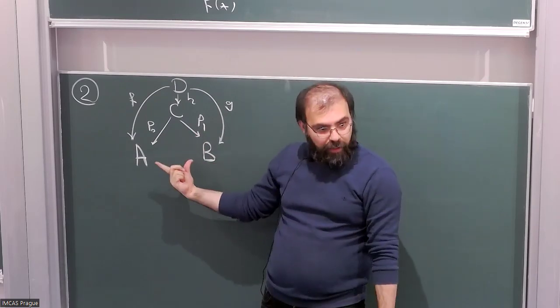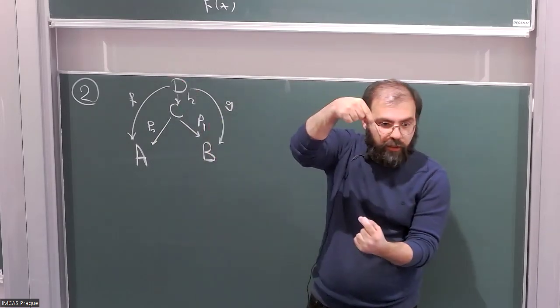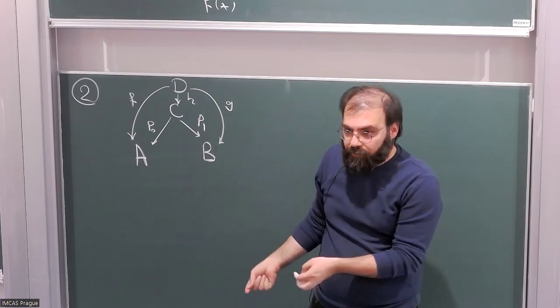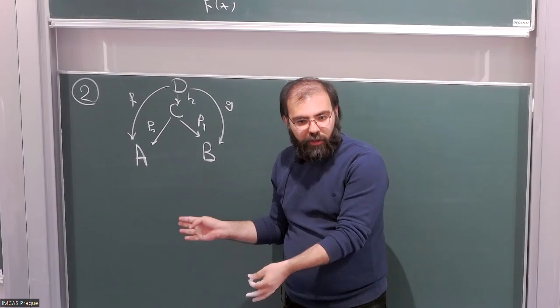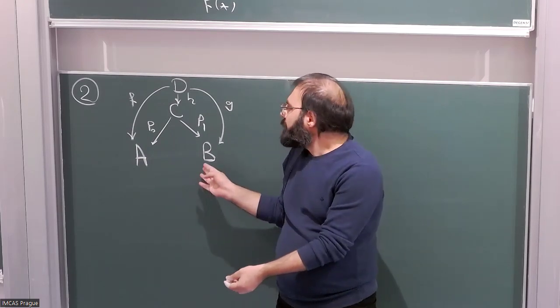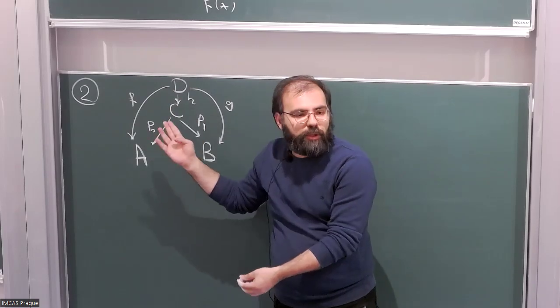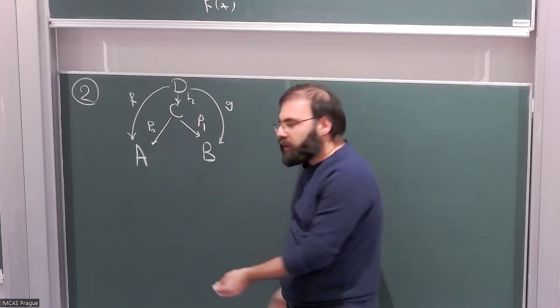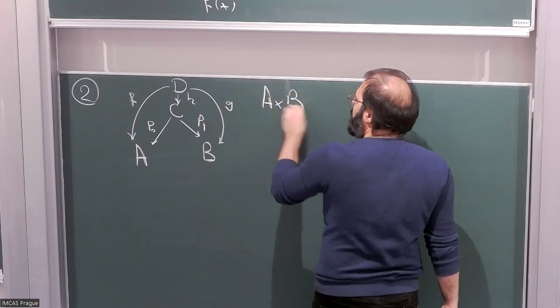There is a cone, and this guy is terminal, meaning that for any other cone, you can factor it in a unique way, right? If you write it down, you can see that it really characterizes the product in Set. And again, with that sort of argument, you can see that it's just unique up to isomorphism. So it deserves a name. The name is A times B.